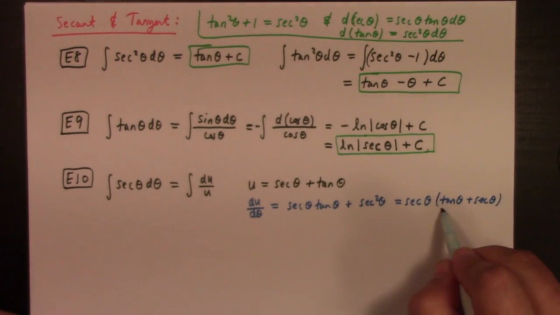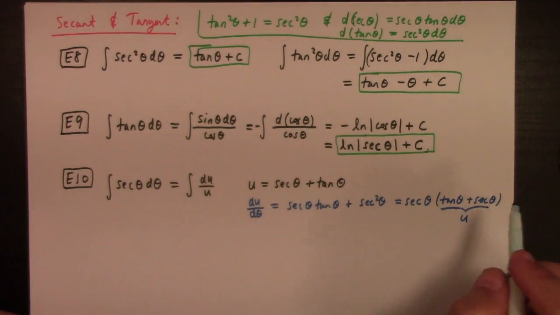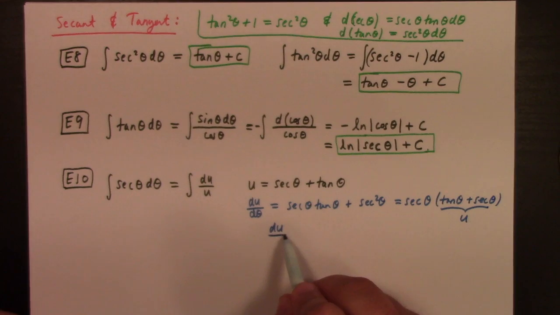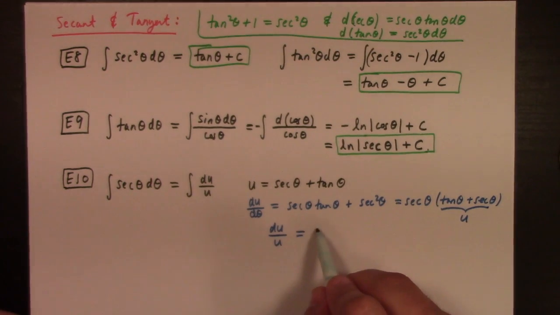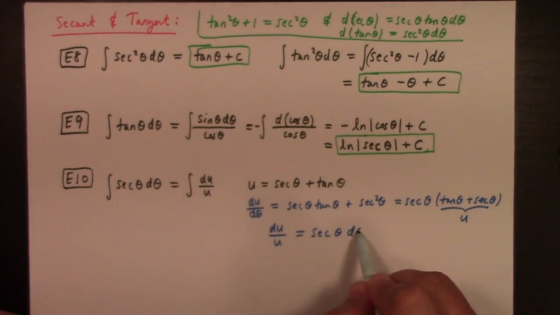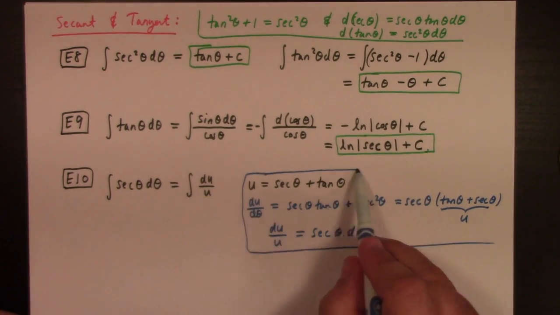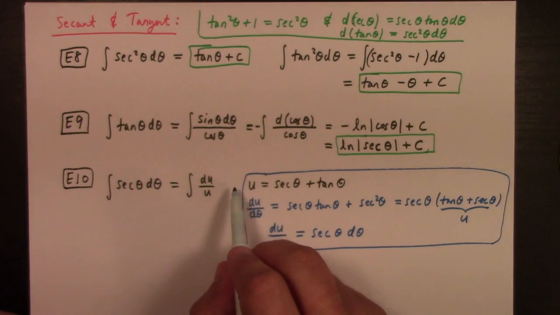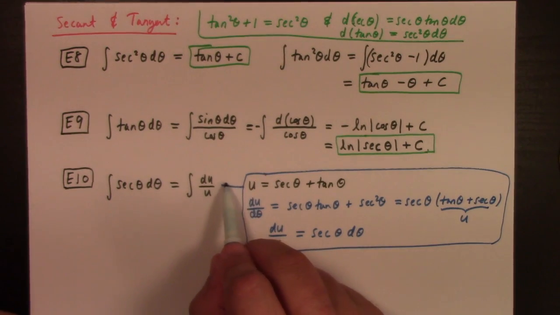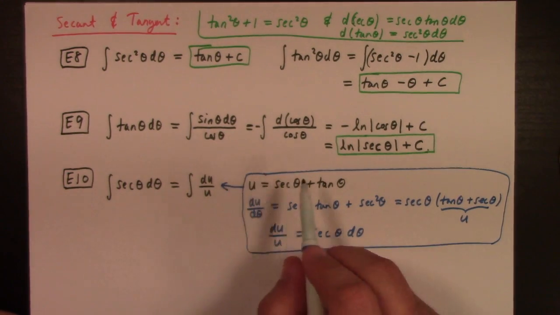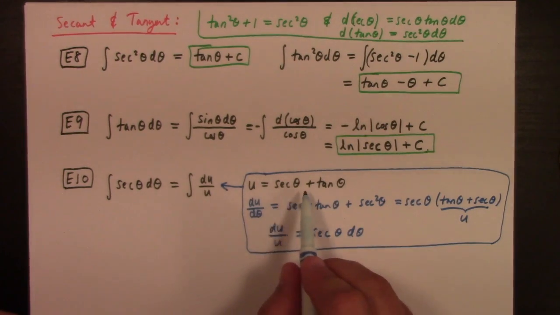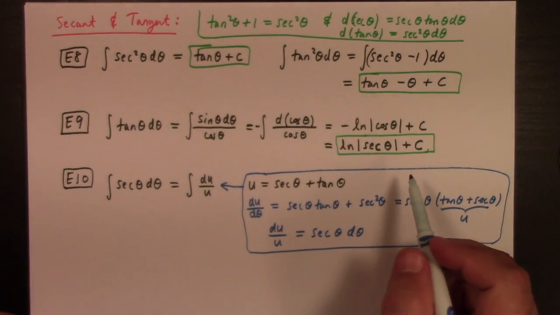Aha, well that's exactly u again, right? So there you have it, du over u is equal to secant theta d theta. Woohoo! All right, so there's your little thought bubble. Actually, it's a magical bubble because I didn't explain to you. My wife claims that it's clear that u should be secant plus tangent if you just play with it for a little bit.